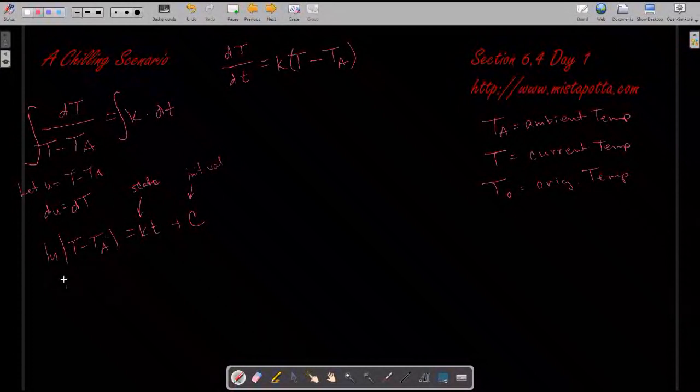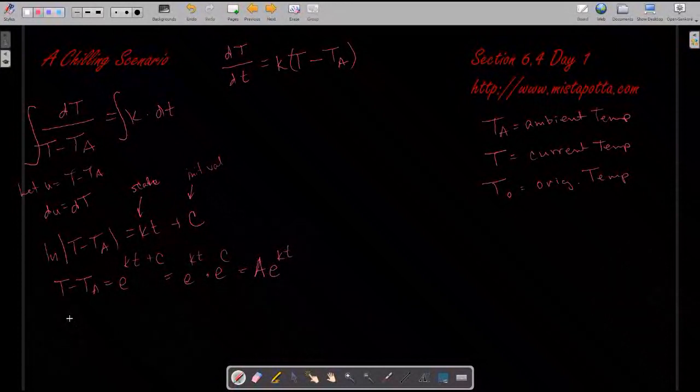So what I've really got here is T minus T_A is equal to the exponential of this other side, which is e to the kt times e to the c. And I don't really want to call it that. Let's just go ahead and call it A, times e to the kt.